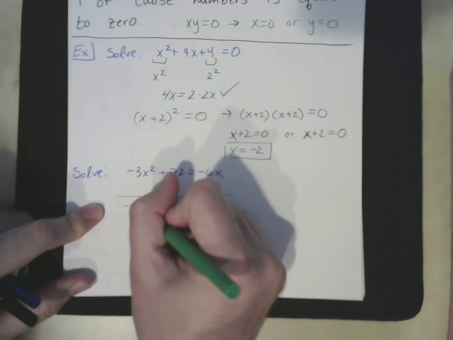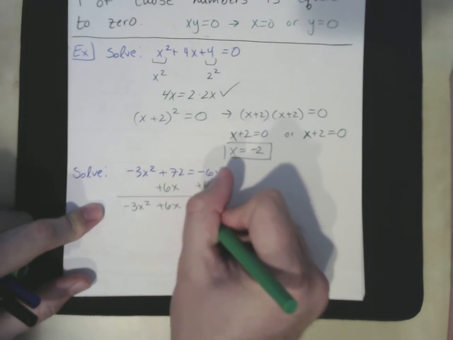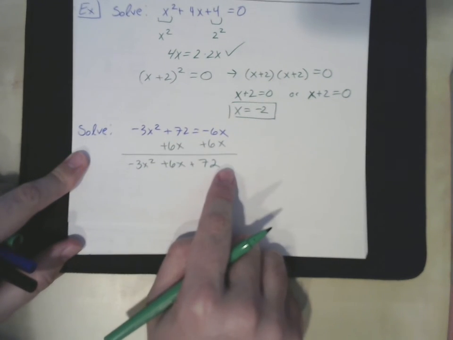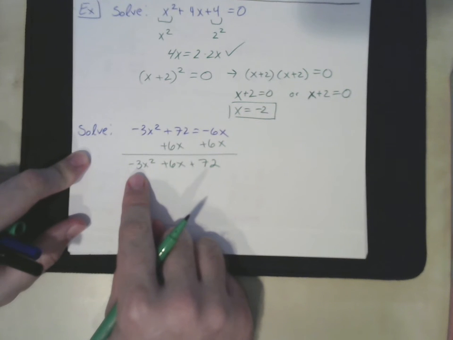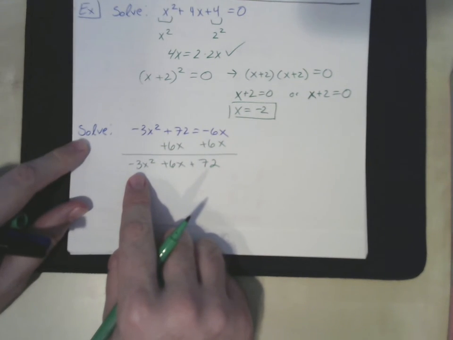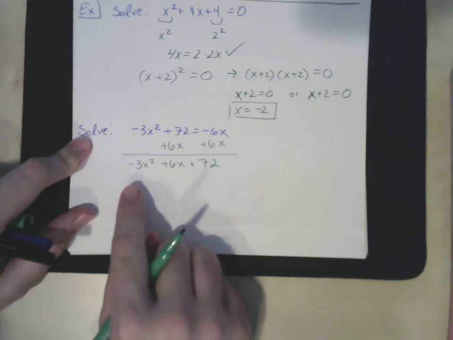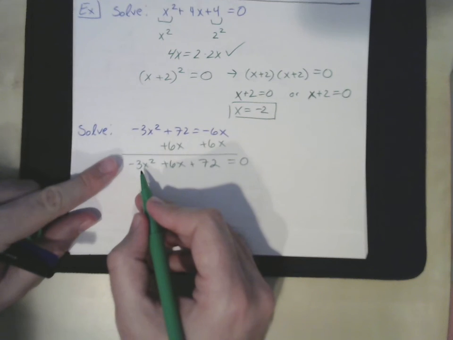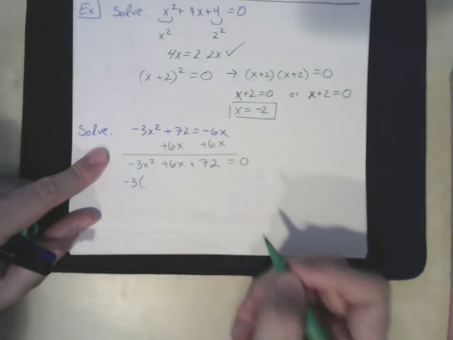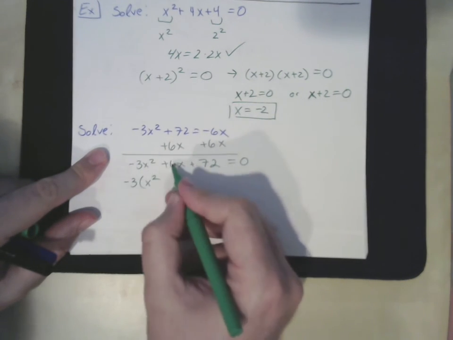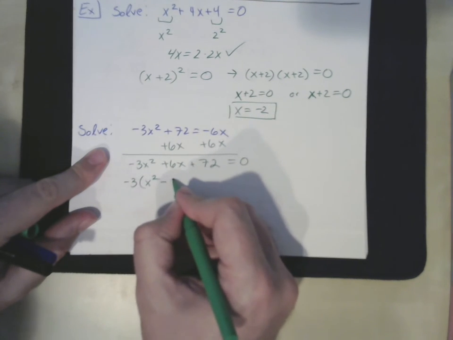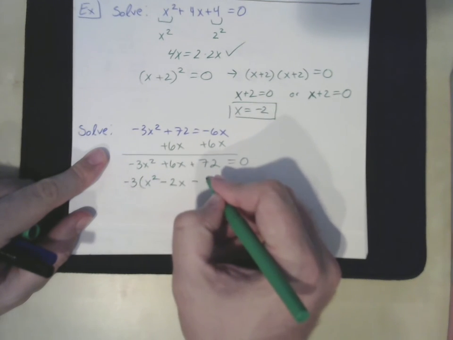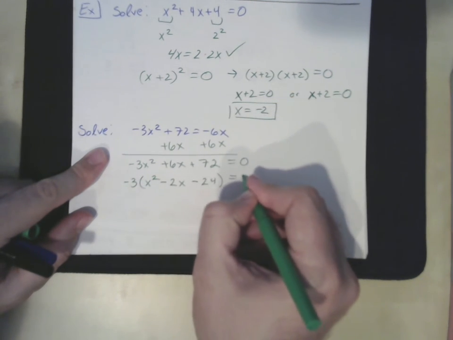And we have -3x squared plus 6x plus 72. Now remember, we have numbers here, so we want to first look to factor a GCF. We can, at the very least, take away a negative. And this is now equal to 0. So let's factor a -3 out of this. So we get x squared, 6 divided by -3 is -2, 72 divided by -3 is -24, equals 0.